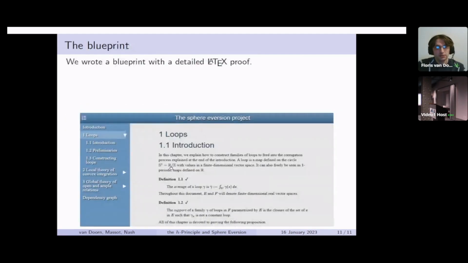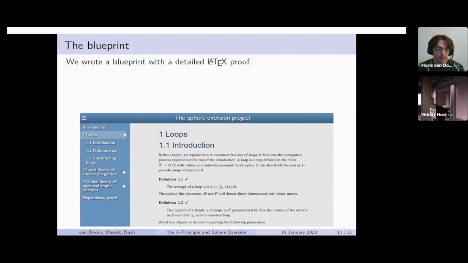And finally, I want to tell you a bit about one of the tools we used during the project. At the start of the project, Patrick Massot wrote a detailed blueprint of the proof we were going to follow, but written in more detail than you would normally find in a mathematical textbook.